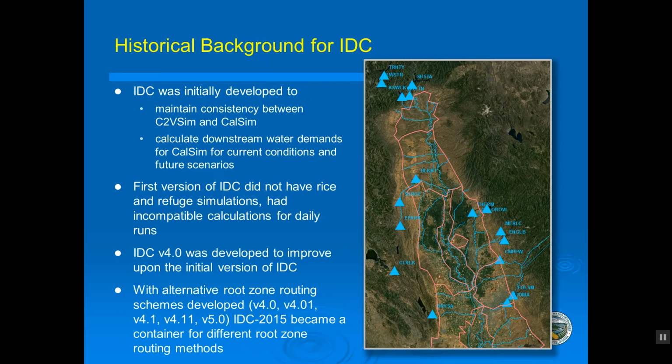And then the first version of IDC, very quickly we realized that it didn't have everything we wanted. For instance, it didn't explicitly simulate rice and refuge operations. As you know, they pond the fields for rice. We didn't have that in the original IDC. And the methods that were used in IDC to calculate the demand were not really compatible with daily calculations.